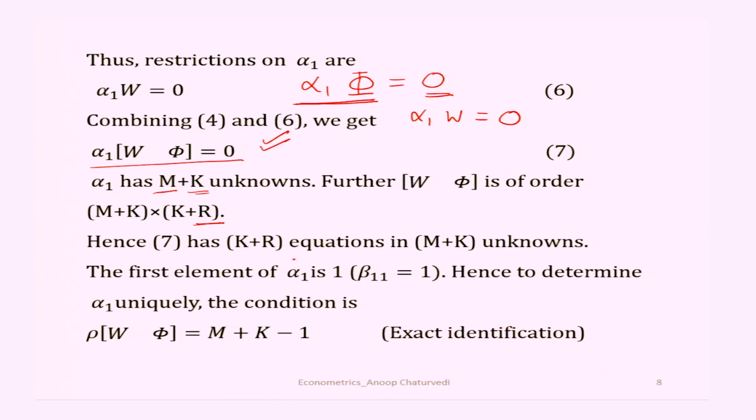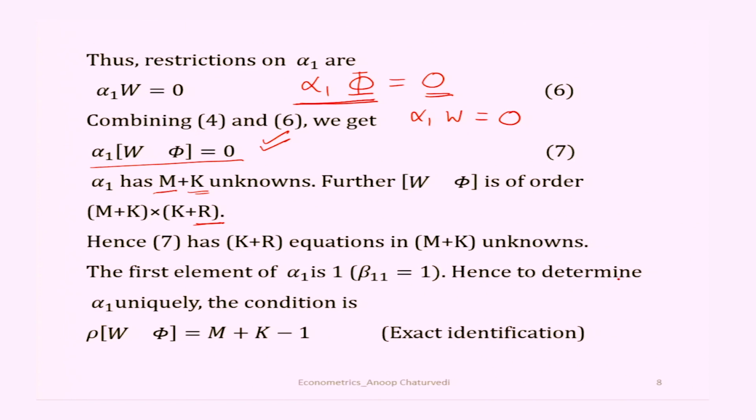The first element corresponds to, say, suppose the first endogenous variable is y 1, then the first element corresponding to y 1 is 1, or you can say beta 1 1 is equal to 1. So, in fact, we have k plus r equations in m plus k minus 1 unknowns.